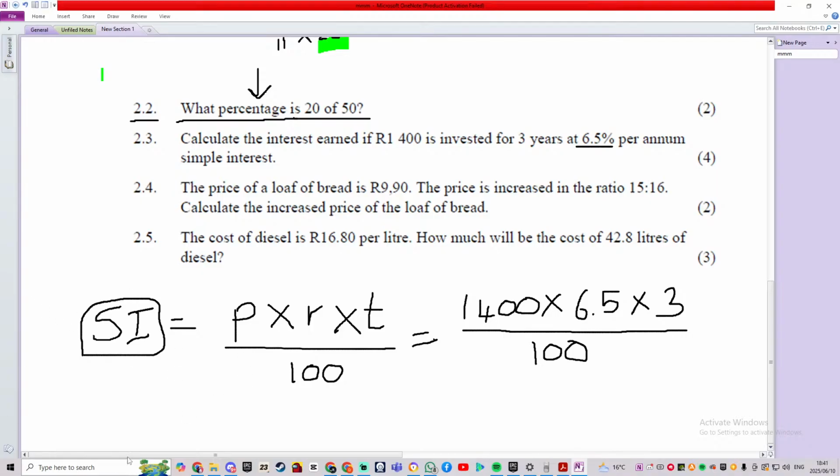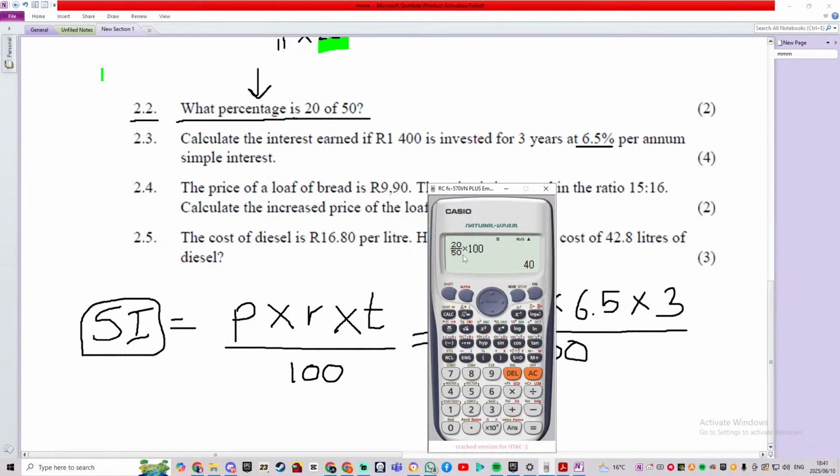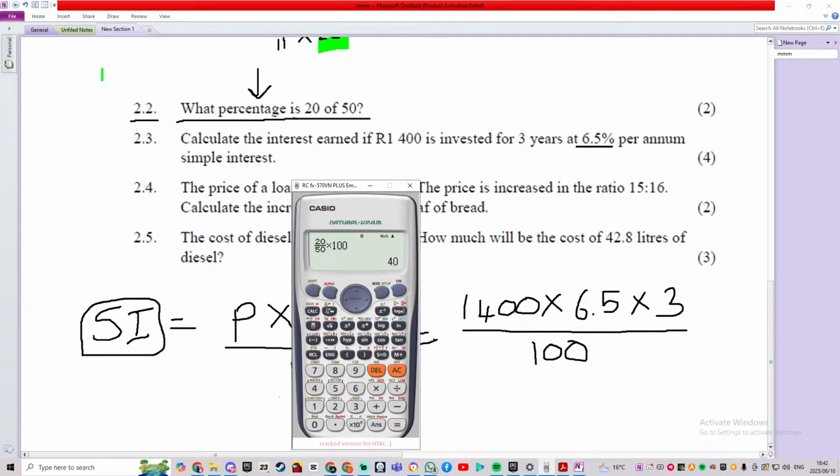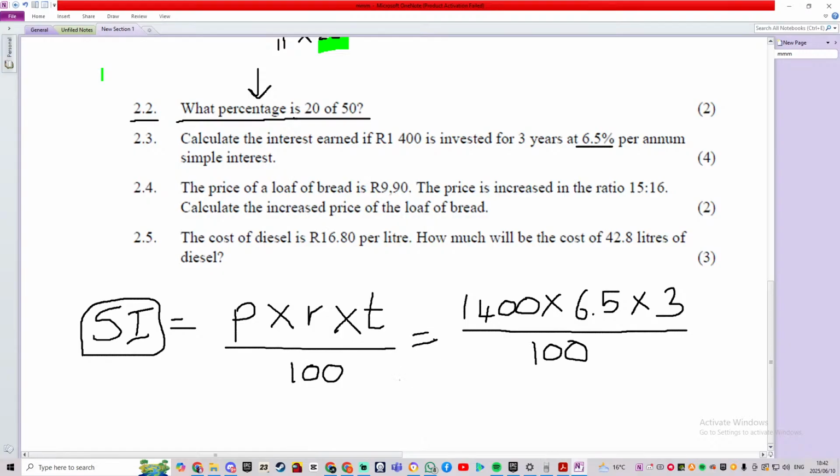So let's put that into a calculator. 1400 times 6.5 times 3. So you have to start with a fraction, all of that over 100. And it's 273.